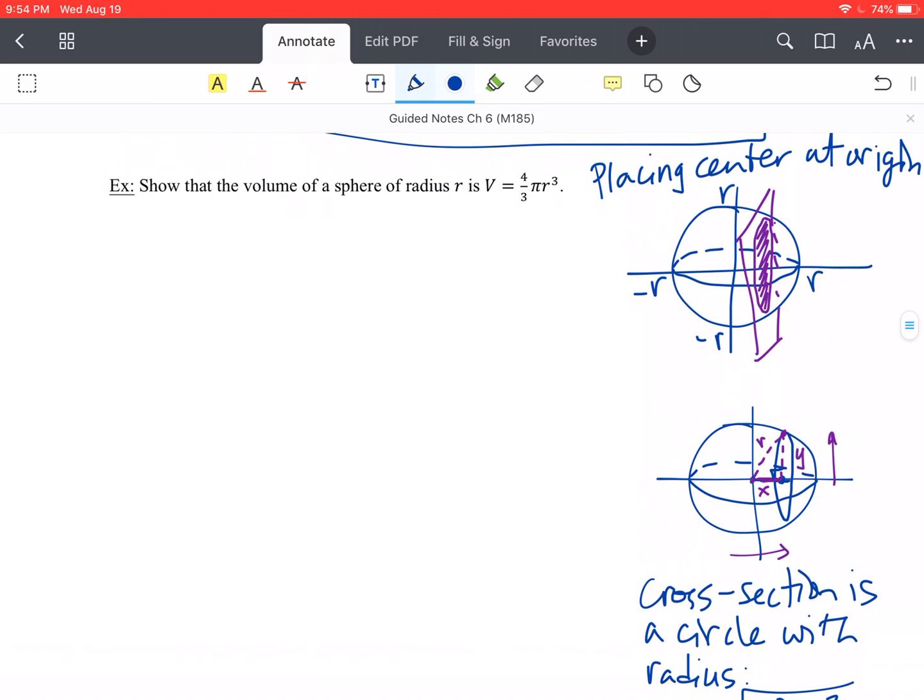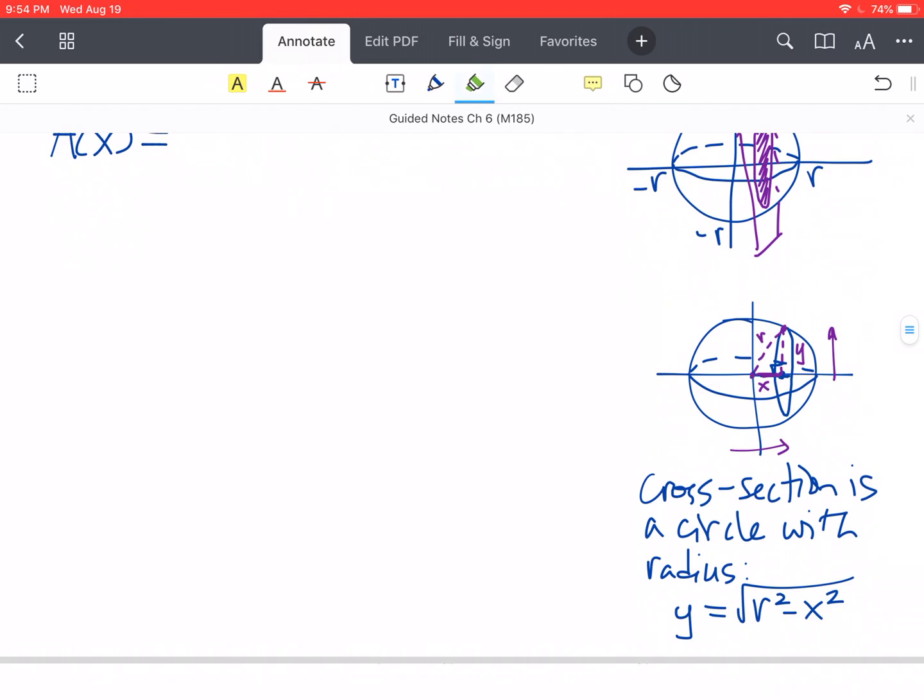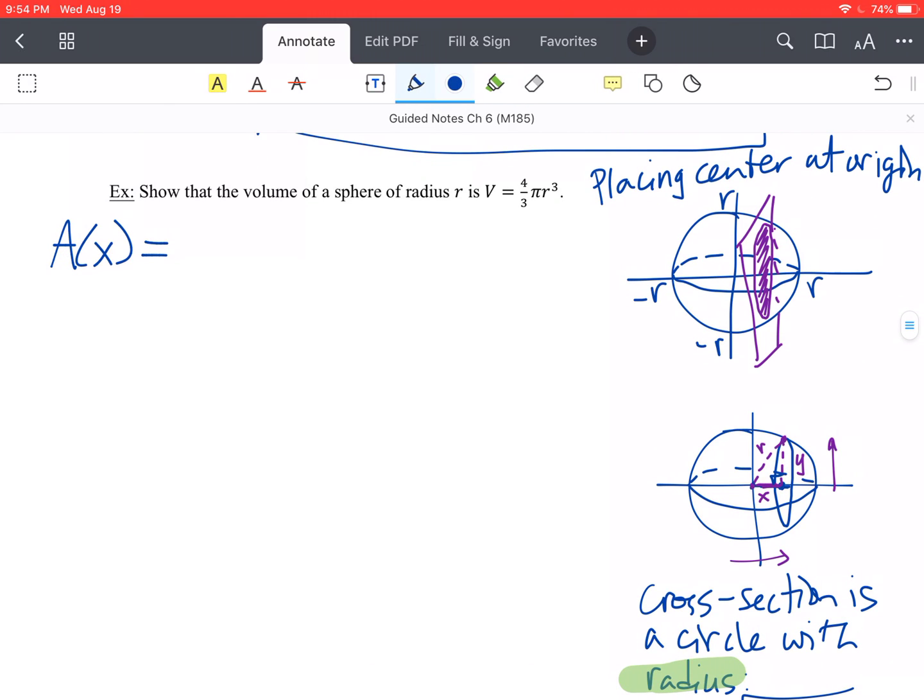So the area of the circle, if anybody remembers that from geometry, that's pi r squared. R in this case is y, right? That's what the radius is. So that's pi y squared. And y is the square root of r squared minus x squared.